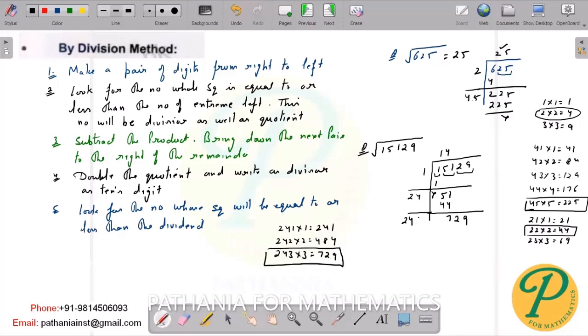Yes. So the square root of this is 123. Now we take an example by the division method for numbers which are in decimals.